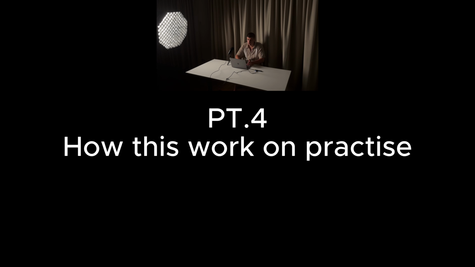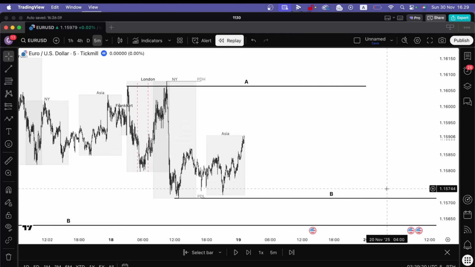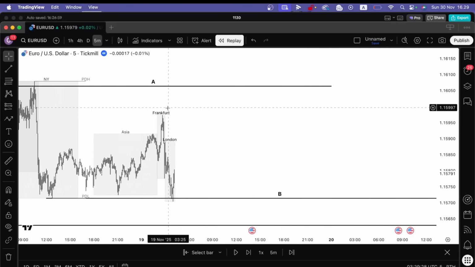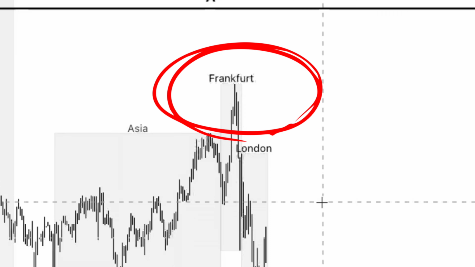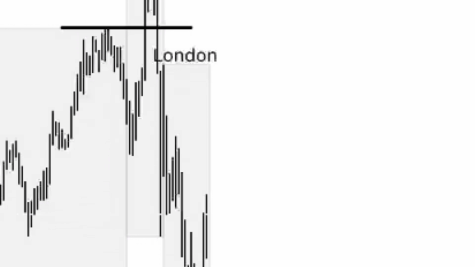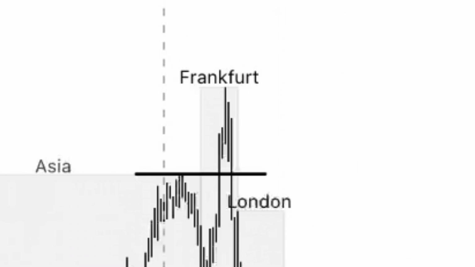So let's take a look at how London delivered. First, we have the Frankfurt session opening. London didn't give us the manipulation we were waiting for. Price actually printed it during Frankfurt timing instead. What did we see? Price made a fake out and we reached point B. It didn't happen exactly inside my London window, but the logic still played out perfectly.